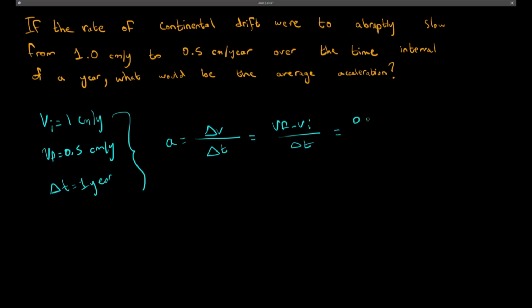So 0.5 minus 1 over 1. Negative 0.5 over 1, which is also negative 0.5. So the acceleration is negative here. So a is negative 0.5 centimeters per year squared.